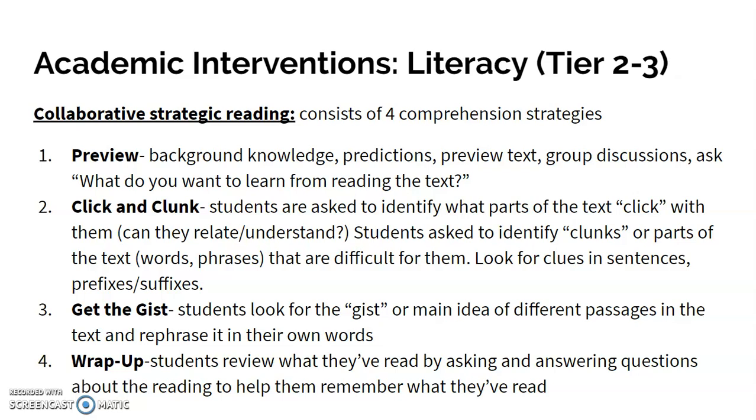So their clunks can be either words or phrases that are difficult for them, or maybe even the content as a whole is difficult for them. They should be reading sentences with clunks and looking for clues. So maybe they leave out a word that is clunky for them and they're trying to figure out a synonym or what the clunk represents or means. They can also look to prefixes or suffixes in that word and just ask for help.